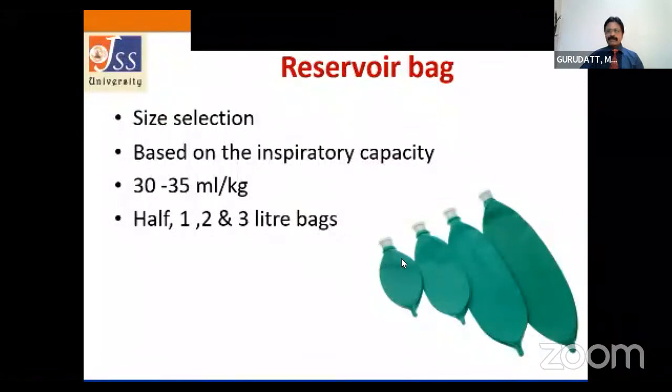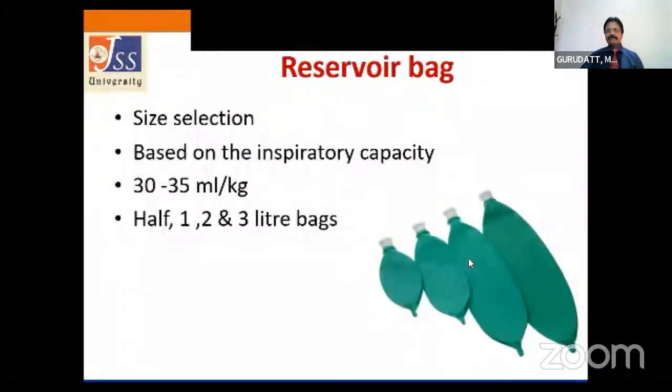Even if the bag size is higher than the inspiratory capacity, there is no problem. You can still use it, but you cannot use a bag whose size is less than the inspiratory capacity of the patient. You can still use a larger bag because as long as it can provide that volume for that particular breath, it is fine.